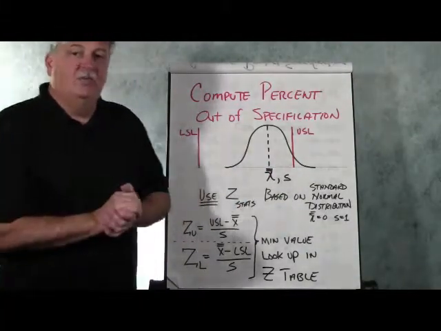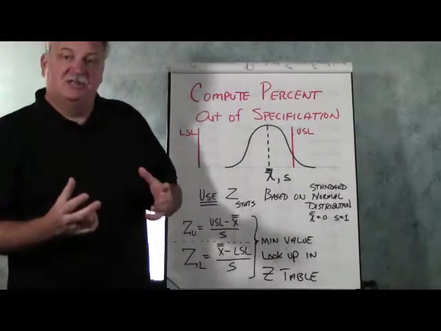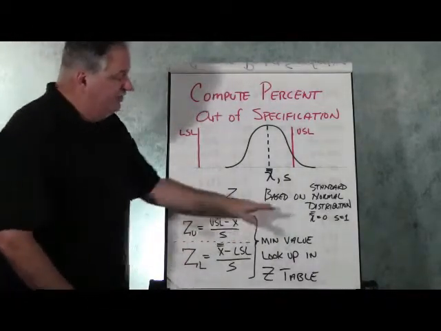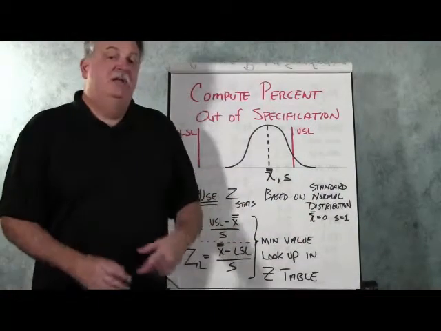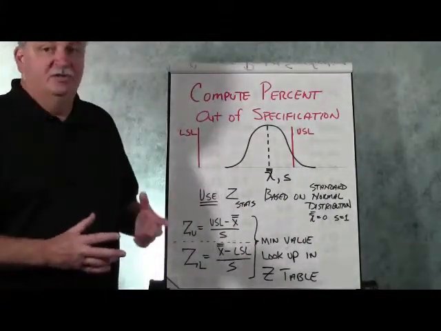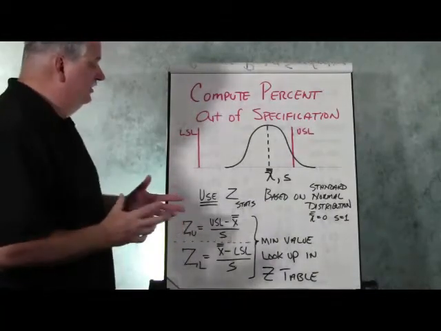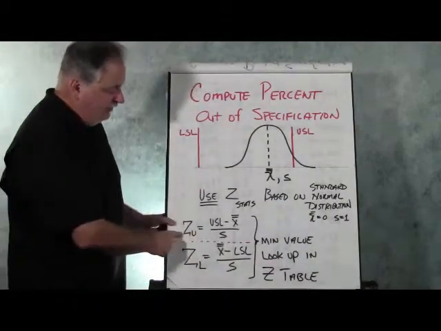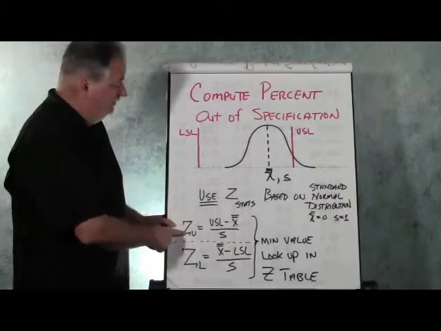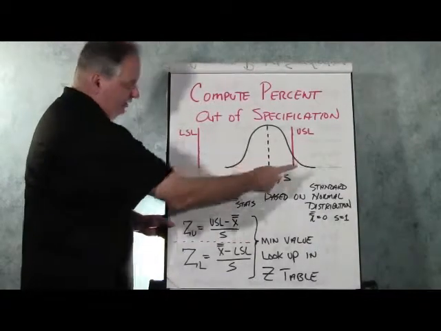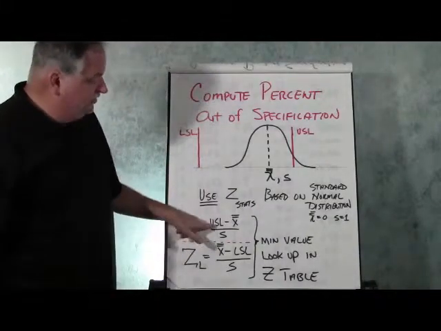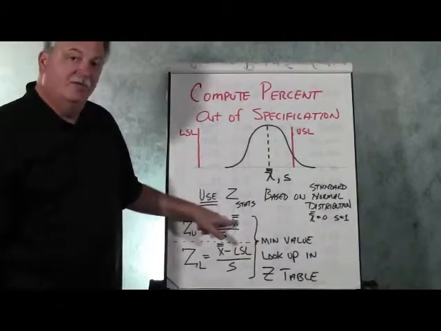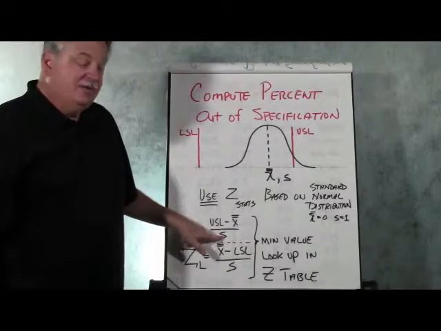Well, to take a look at that, we can use a thing called a z-statistic. The z-statistic is based on the standard normal distribution, which has a mean of 0 and a standard deviation of 1. So if I want to calculate the z for the upper limit or the z for the lower limit, it's just the difference between that limit and the overall average divided by the standard deviation.